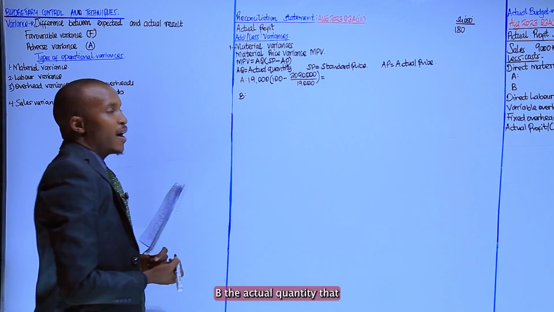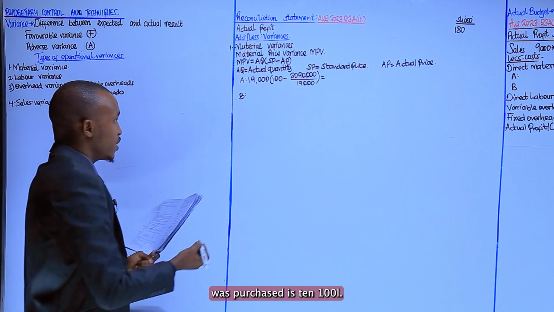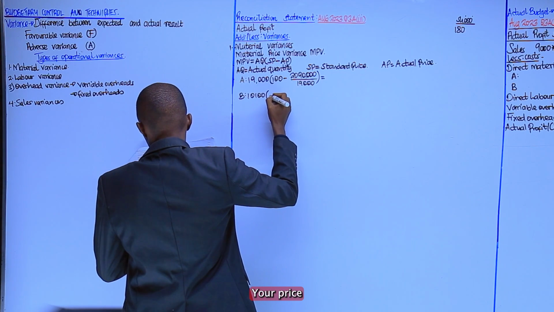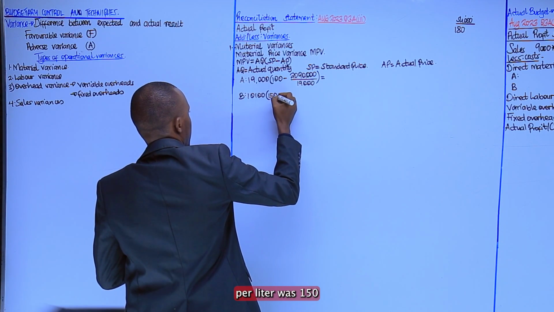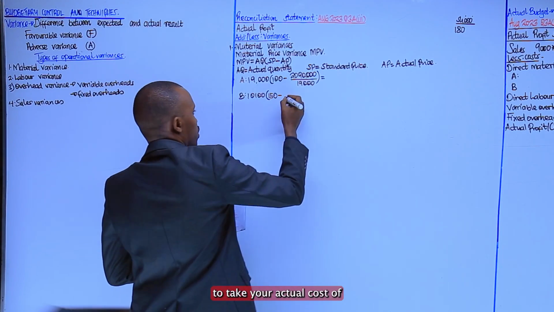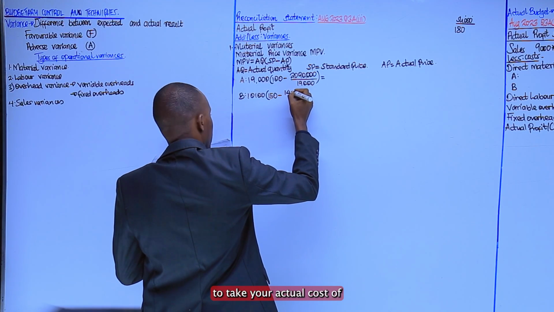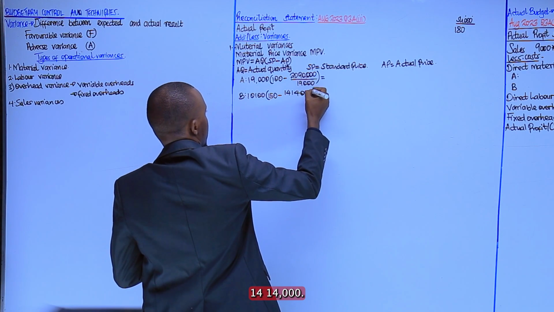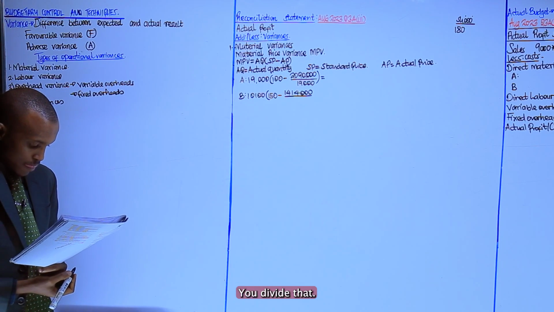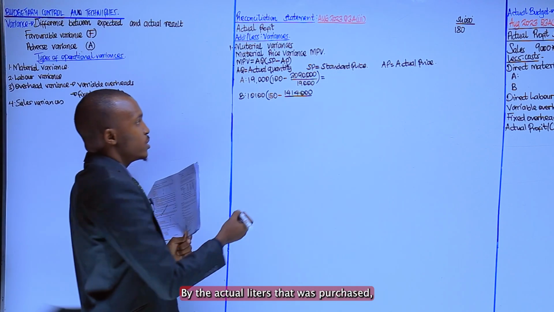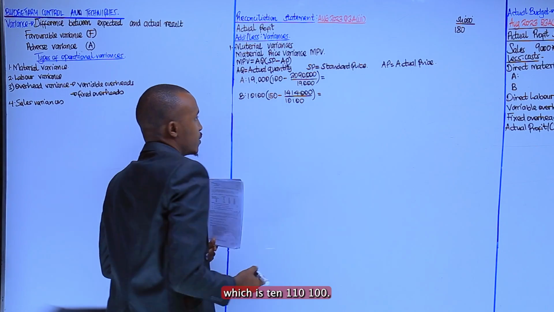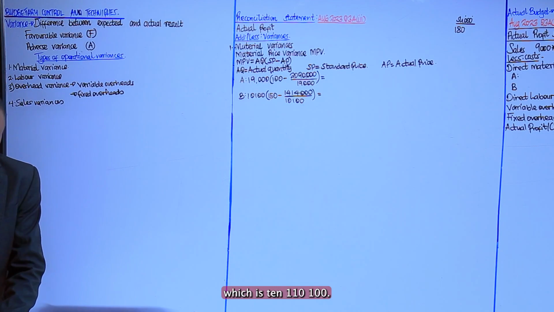For B, the actual quantity purchased is 10,100 liters. Your standard price per liter was 150 minus your actual price per liter, where you take your actual cost of 1,414,000 and divide it by the actual liters purchased, which is 10,100.